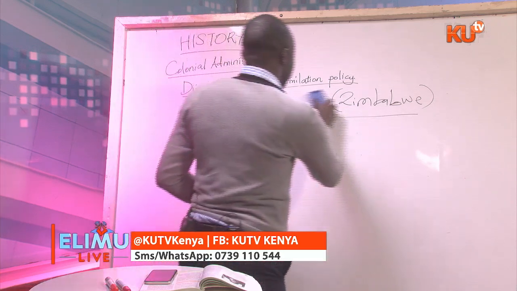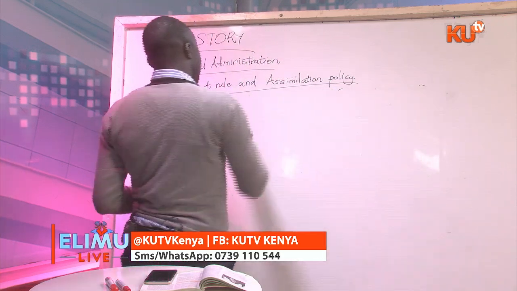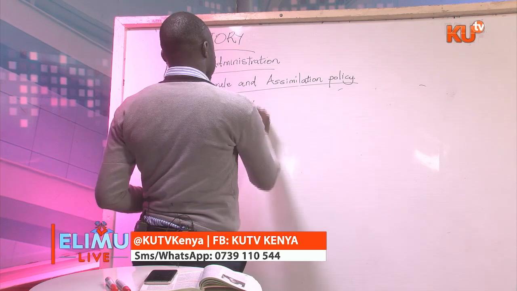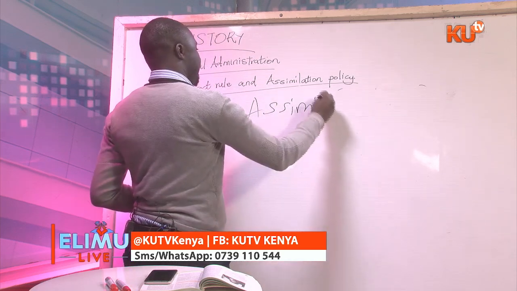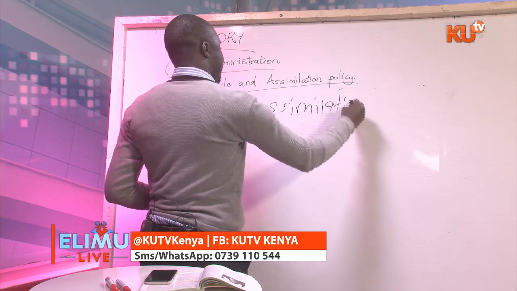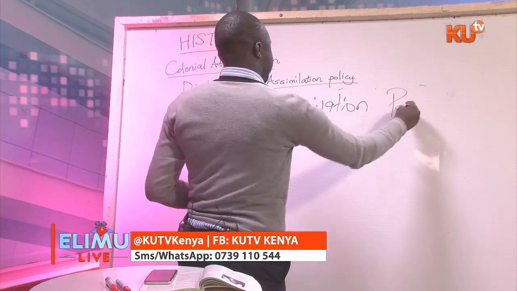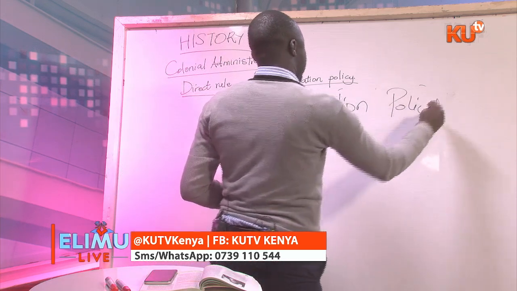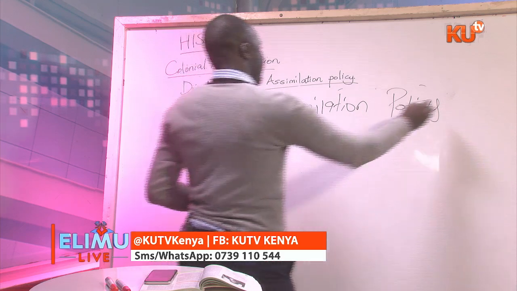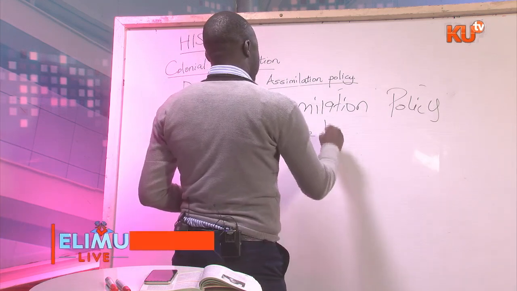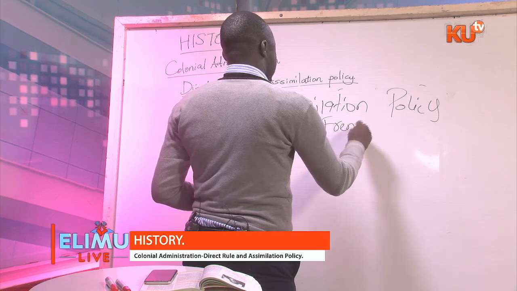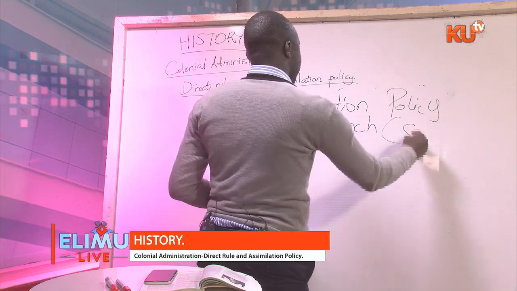So from direct rule to Zimbabwe, we are going to assimilation policy. The focus will be on Senegal.